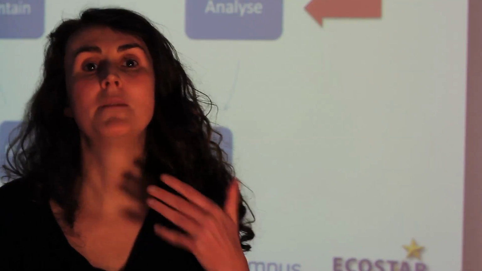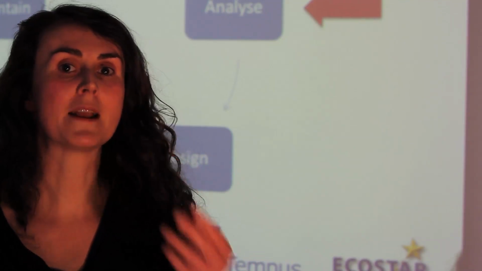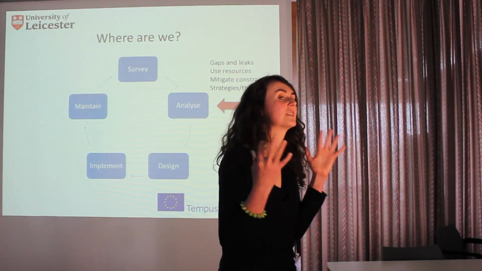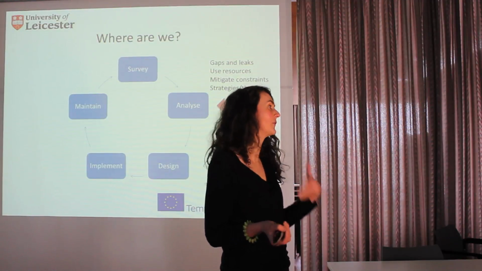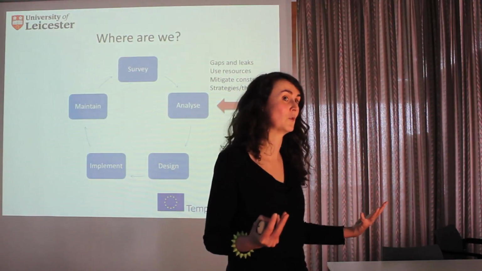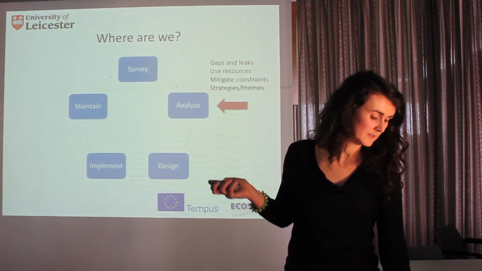You thought about how you could use the resources of the system productively and how you could mitigate or make positive the constraints or limiting factors in your system, turning them around to use them as resources. And this has basically, or should have by this point, led you to your overarching strategies or themes that are going to frame your design work, which you're going to move on to now.